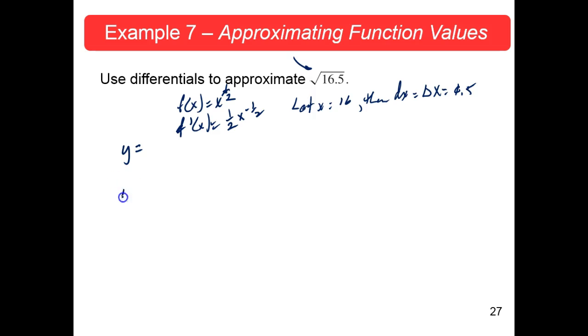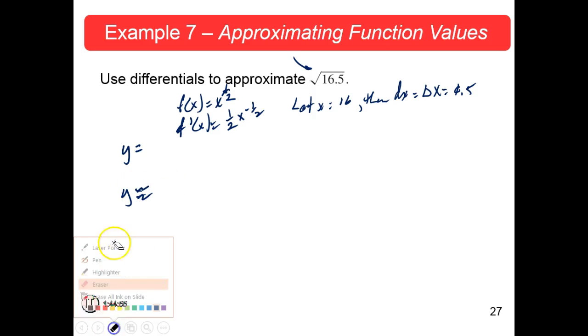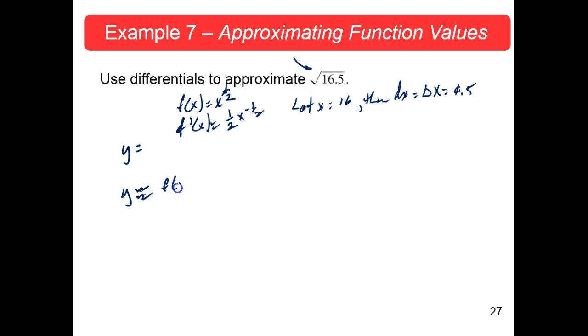So your y then is approximately, I'm trying to keep the notation correct, and I'm not doing a great job of it. f of x plus f prime of x dx. That's what we're doing, okay? Now your y, that's your approximation, is equal, what was your f of x?